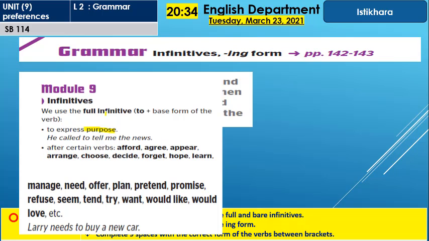We use the full infinitive to plus the base form after some verbs like afford, agree, appear, arrange, choose, decide, forget, hope, learn, manage, need, offer, plan, pretend, promise, refuse, seem, tend, try, want, would like, and would love, and the like. An example: Larry needs to buy a new car.